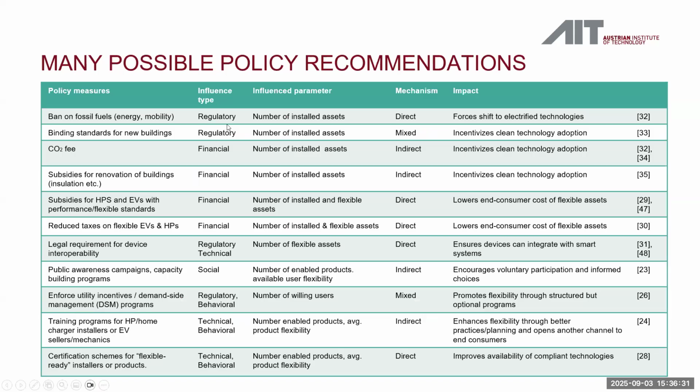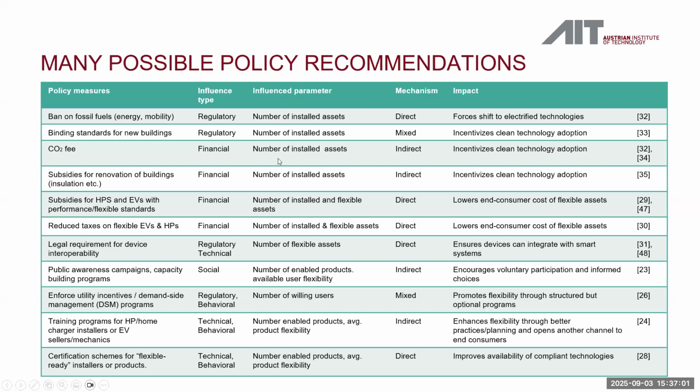We separated them by influence types, whether it's regulatory, financial, social, technical, or behavioral, if it has an impact of this influence type, and if it's a direct or an indirect mechanism, and then a qualitative description of the impact, and of course the policy measure itself.